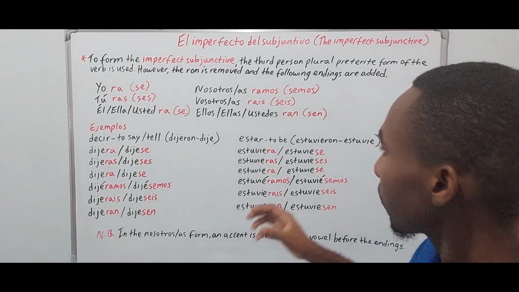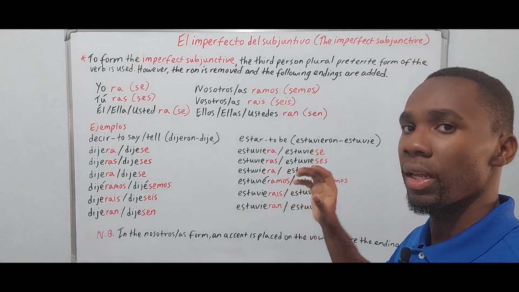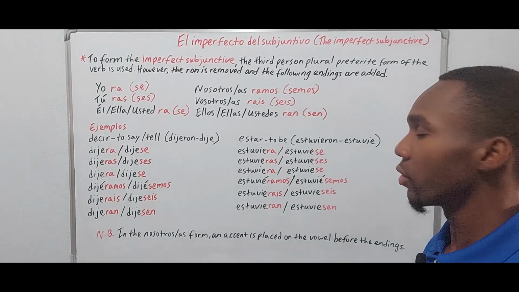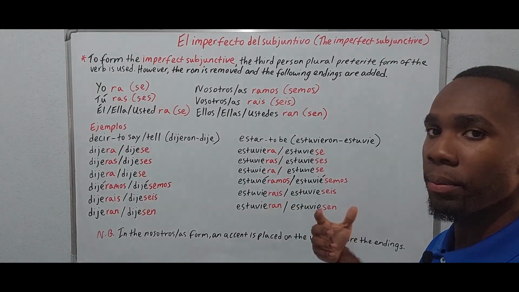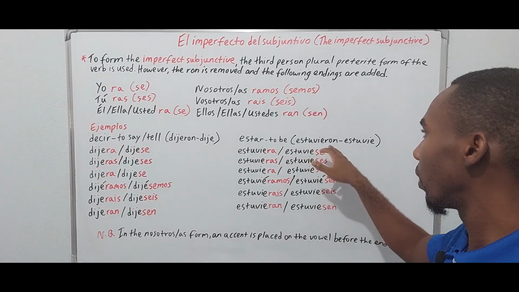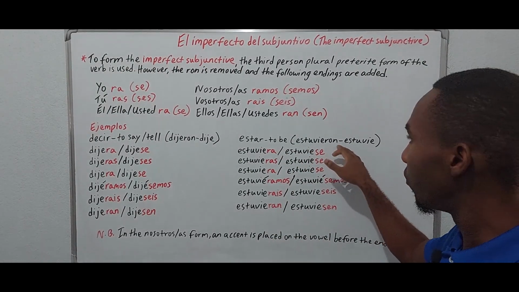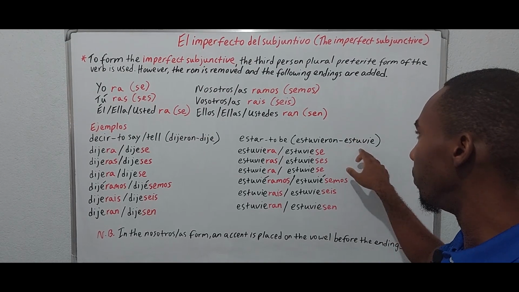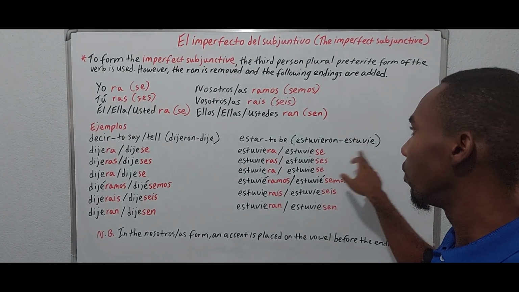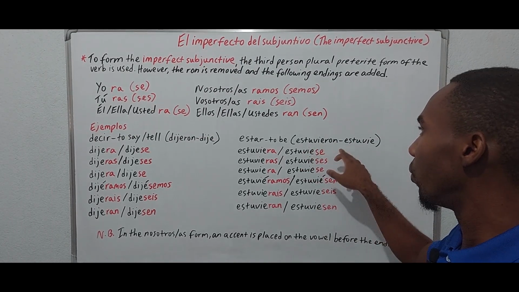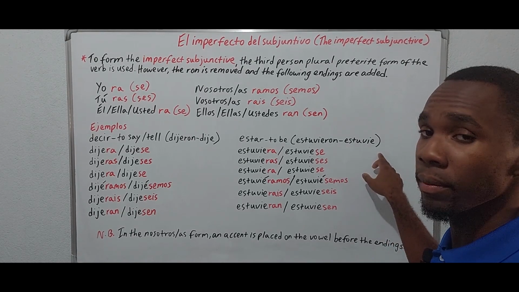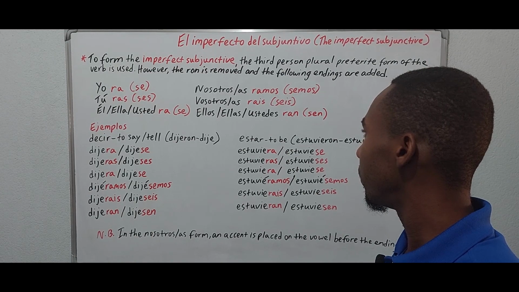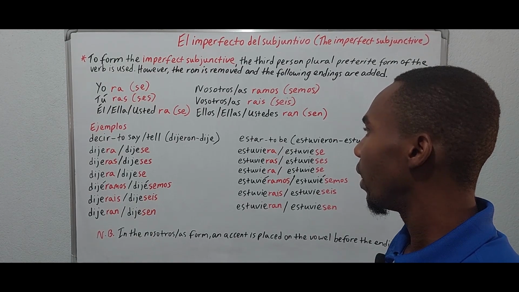Okay? Similarly, let's look at the verb estar, which means to be, of course. So we put it in the preterite form. Estuvieron. We remove the ron, so we get estuvie. Estuviera or estuviese.